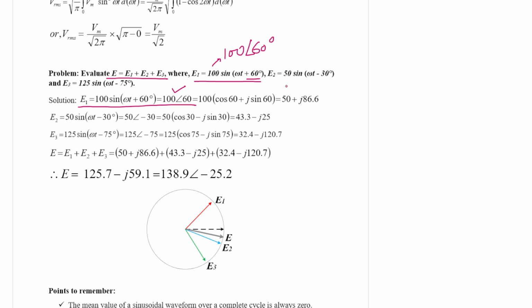Similarly, if we consider E2, its magnitude is 50. However, it is sin omega t minus 30 degrees, so it is the lagging phasor by an angle of 30. So we should write E2 is 50 angle minus 30 degrees.